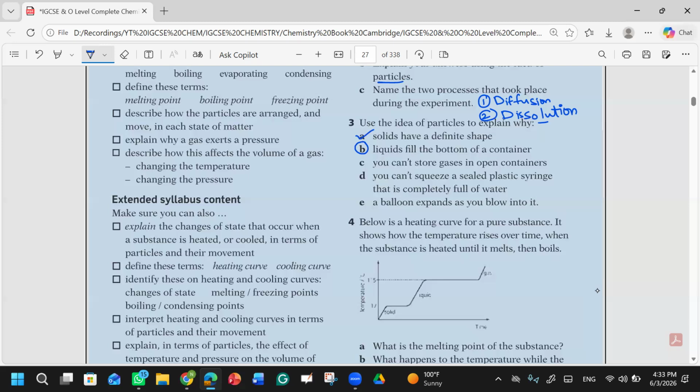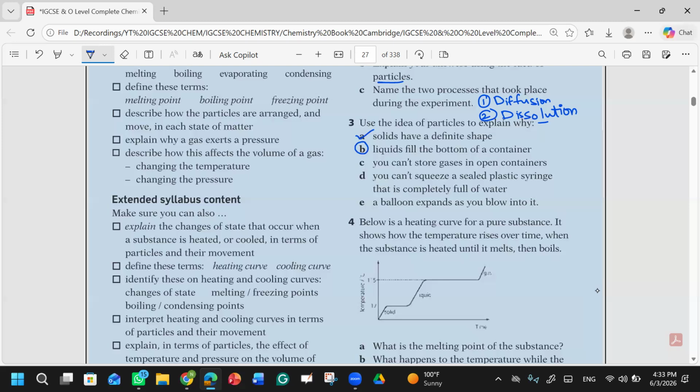Have you observed this? When you take water in a glass, or in a jug, or in a plate, what will you see? That the water will be at the bottom.